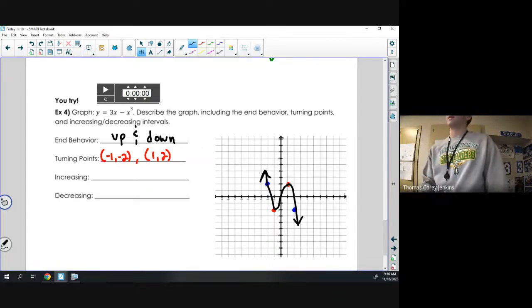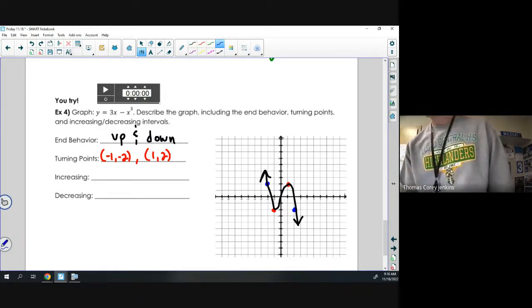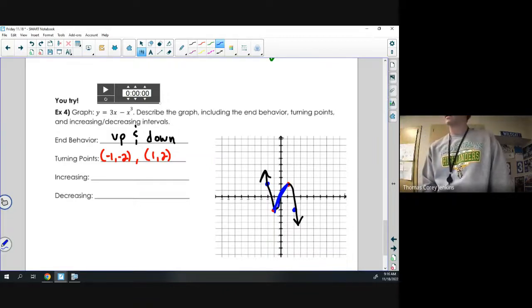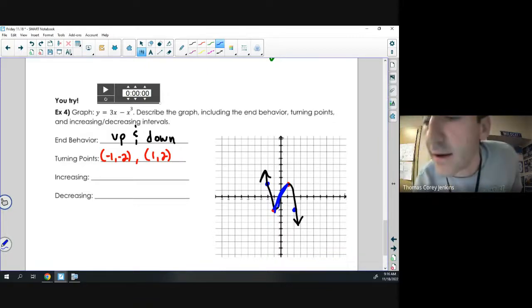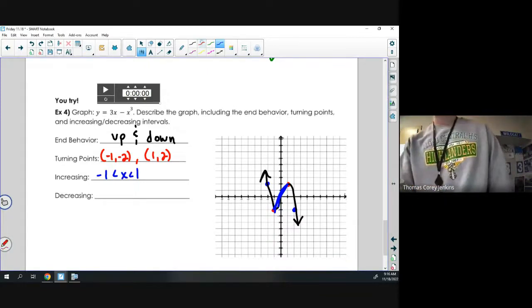Okay, and then the intervals, that's probably going to be the toughest part. There's only one increasing interval, and it's from here to here, right? And so that's from where x is -1 to where x is +1. All right, and then my other two are called decreasing intervals.